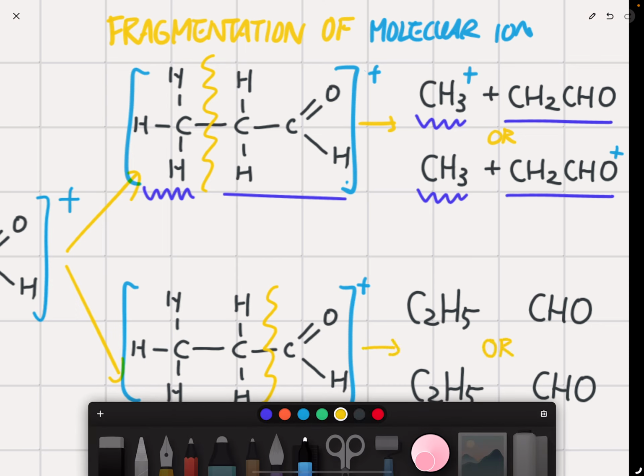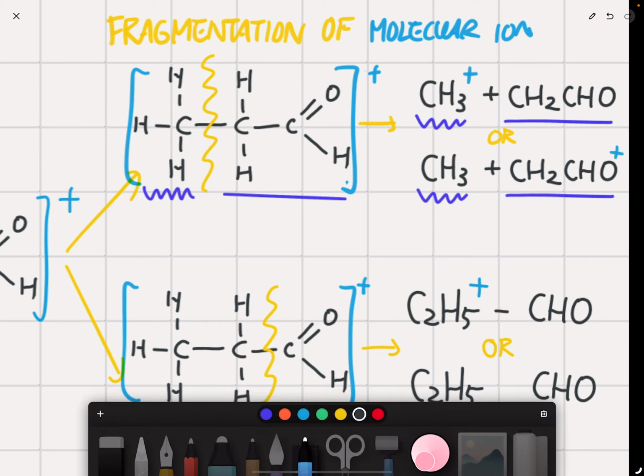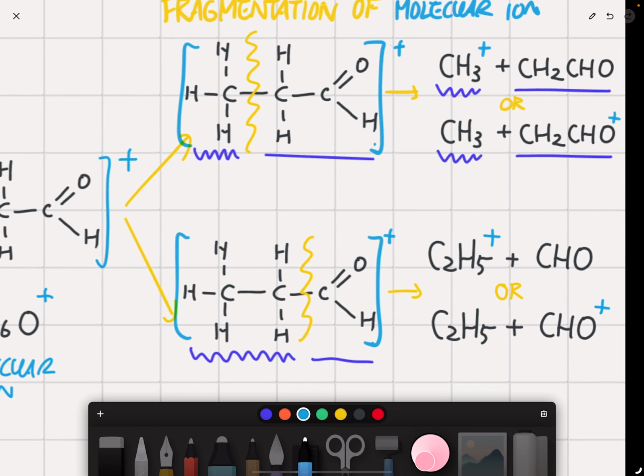So it could be that the C2H5 fragment gets the positive charge, and the CHO will be left neutral. Or it can be that the C2H5 fragment is neutral, and the CHO fragment is then positively charged.